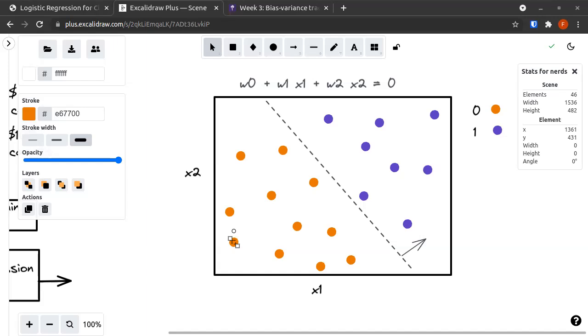So we can see here, we can draw a linear decision boundary that separates the 0 class and the 1 class. And if the new point is in what we call the decision region corresponding to class 1, then we say that y hat is 1. If it's in the decision region corresponding to class 0, then we say y hat is 0.